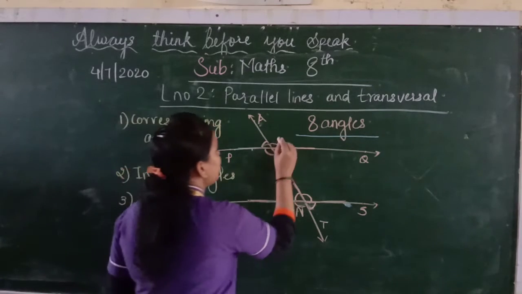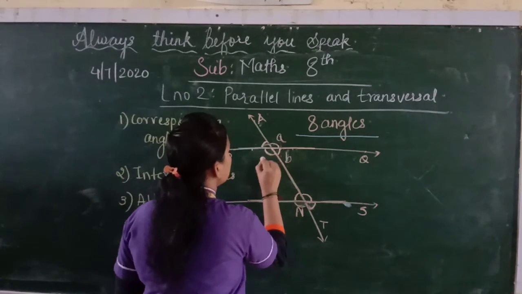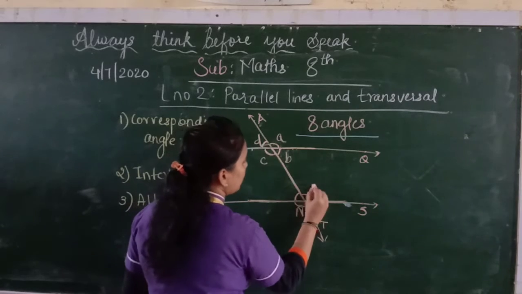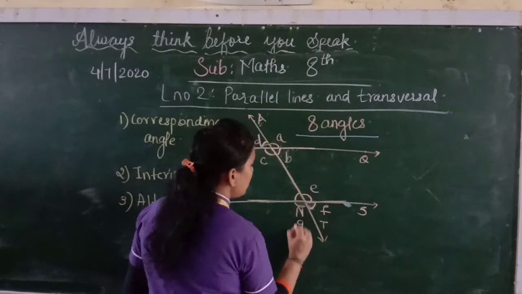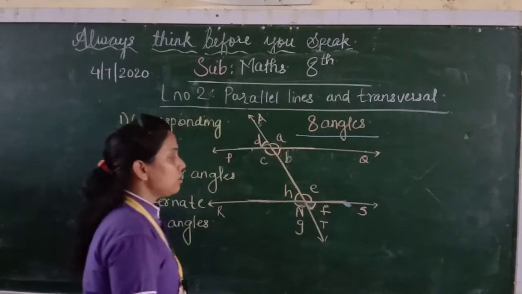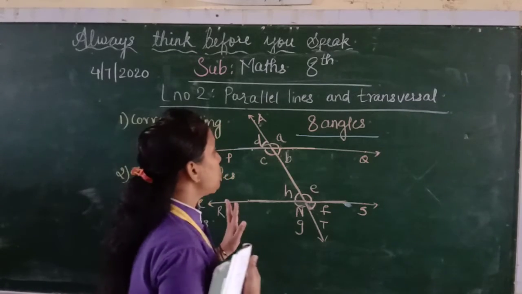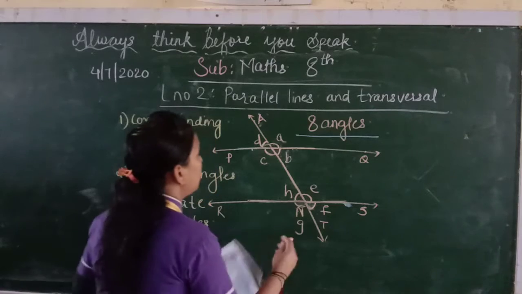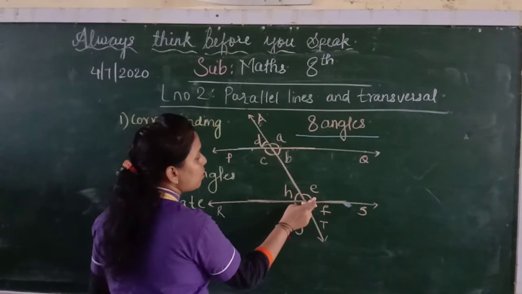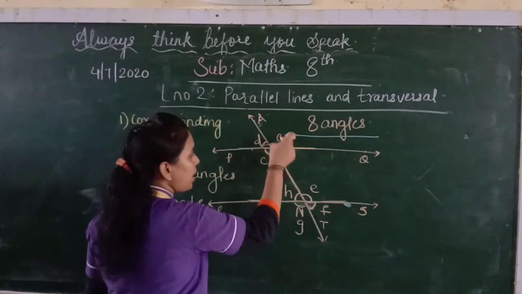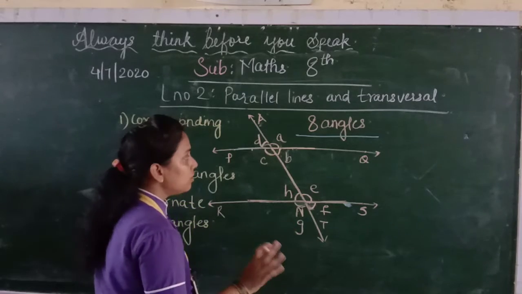Now see, if I name it as A, B, C, D, E, F, G and H. Now if we want to see the corresponding angles, see the steps. If this is the one step, this will be the second step. So A and E are corresponding angles.